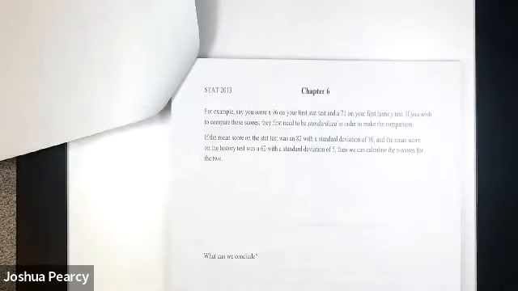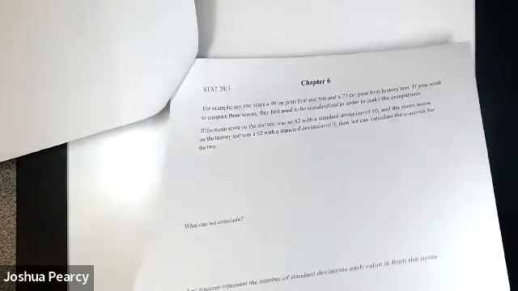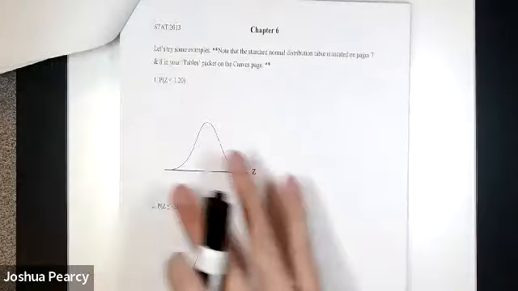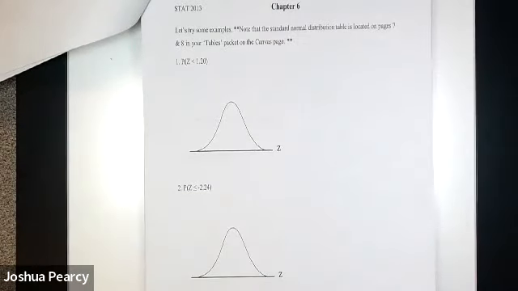Now look at the next example in your notes. What does it say? Find the probability of z being less than 1.20. If someone has your distribution table, tell me what that answer is.